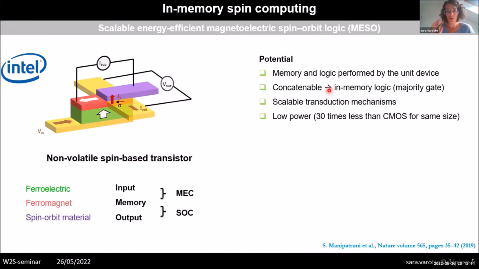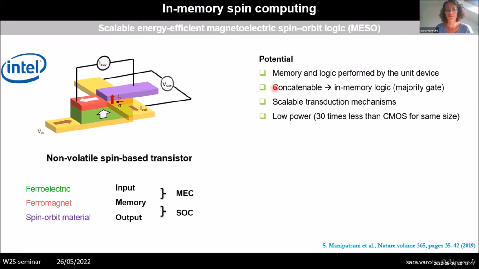The potential of such architecture is that we can, in fact, have a unique device that can implement both memory and logic. And since we have electrical input and output, we can concatenate it and think of making the logic by controlling the next device magnetization by the output of the previous one. So in this publication, you can see, for instance, how they suggest the in-memory logic majority gate by using 4 of these unit devices.